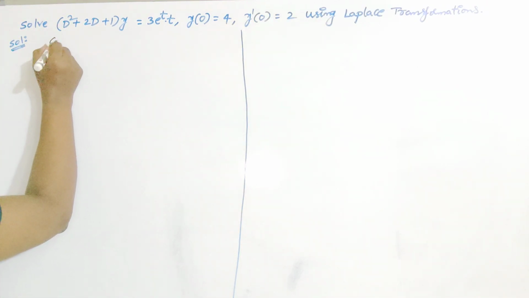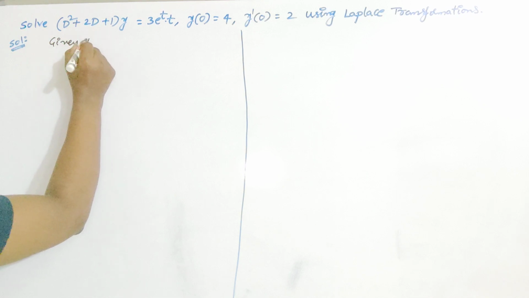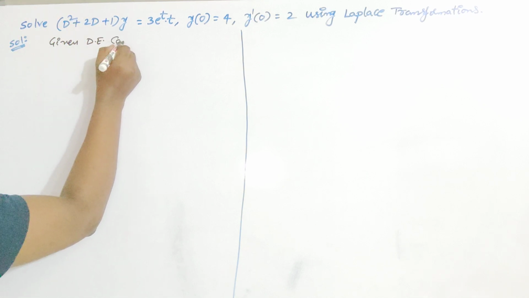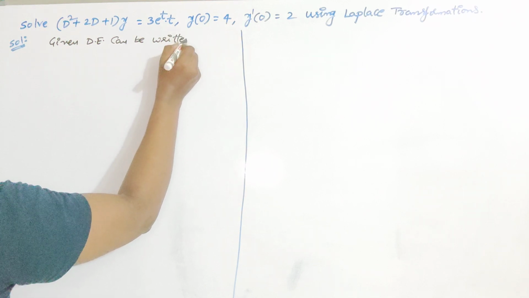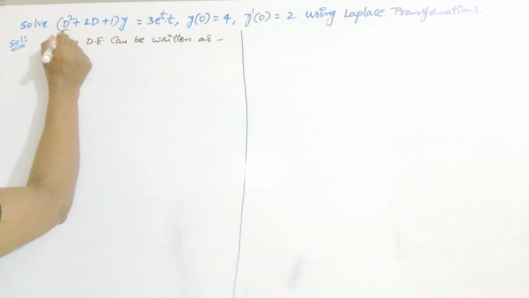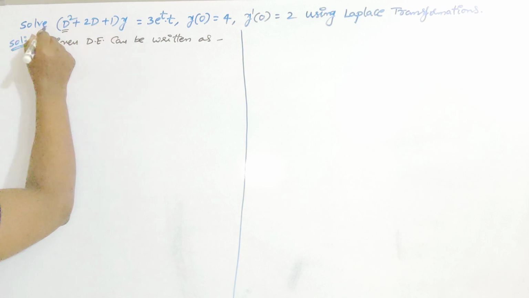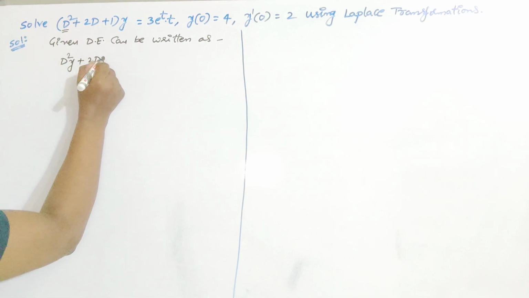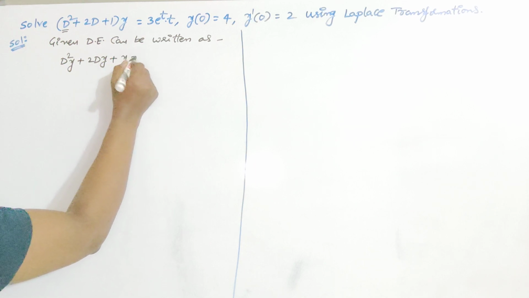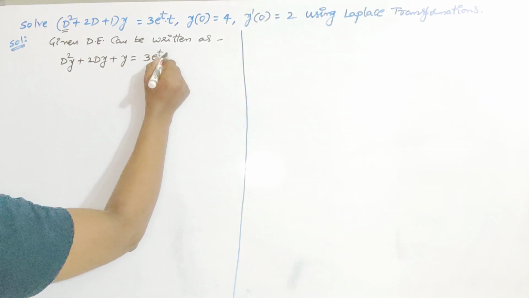So, the given equation can be written as D square of y plus 2D of y plus 1 into y is equal to 3 into e power t into t.